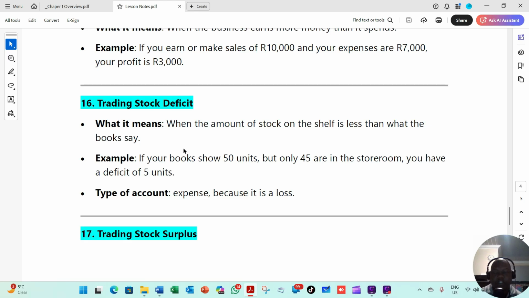Trading stock deficit is when, counting the amount of stock in the warehouse, the physical stock, you find that it is less than the stock in the books.